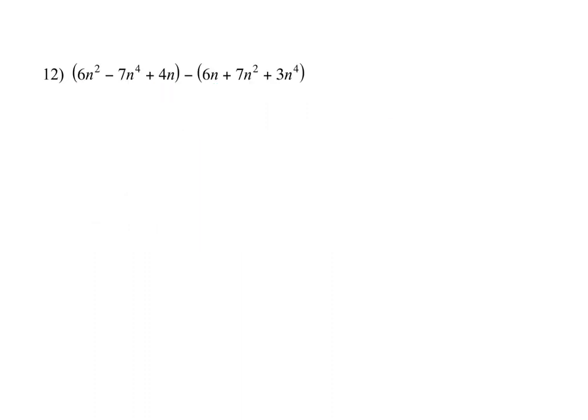All right, so let's look at number 12. Number 12, first of all, what am I doing here? I am subtracting. So that's just a mental note. My highest exponent amongst all of these is the 4th power. So I'm going to start with my 4th power here. Negative 7n to the 4th, and I am subtracting 3n to the 4th.